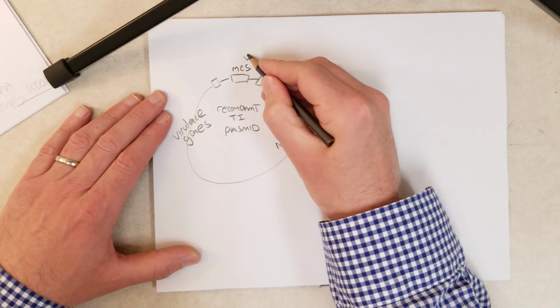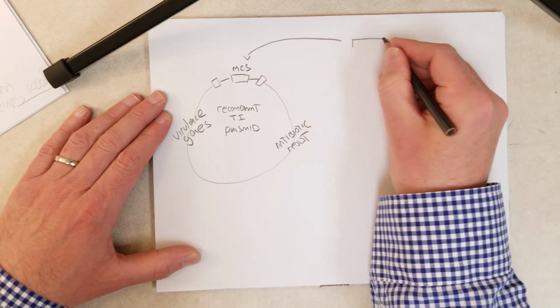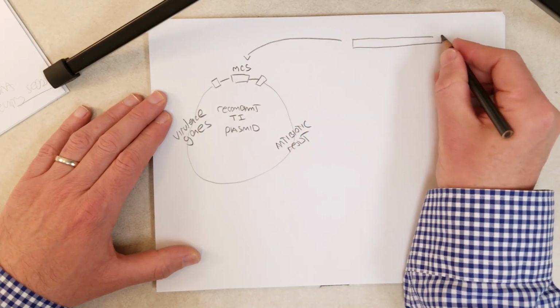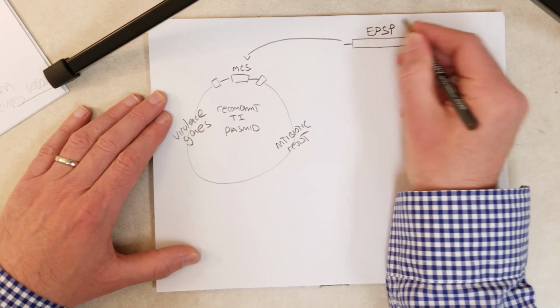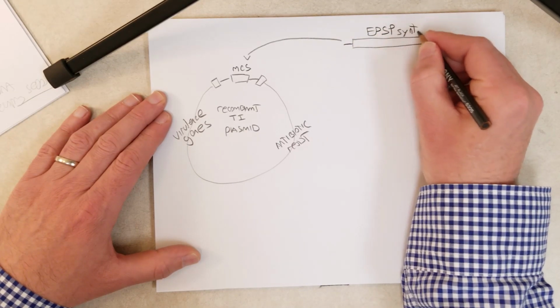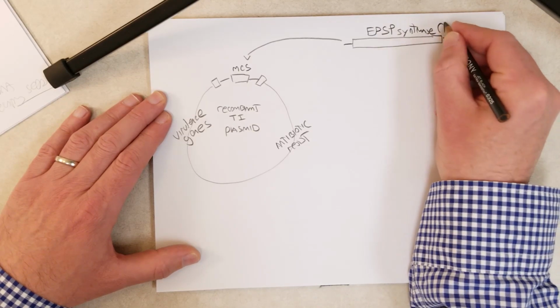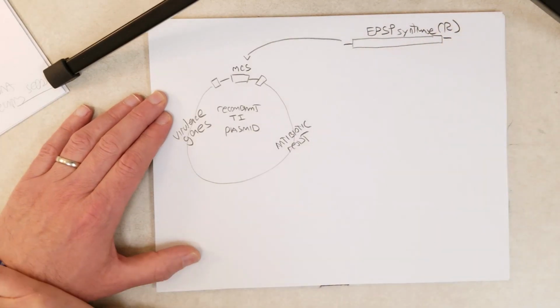And what we're going to put in here is the gene for EPSP synthase. We're going to put the resistant version in there.